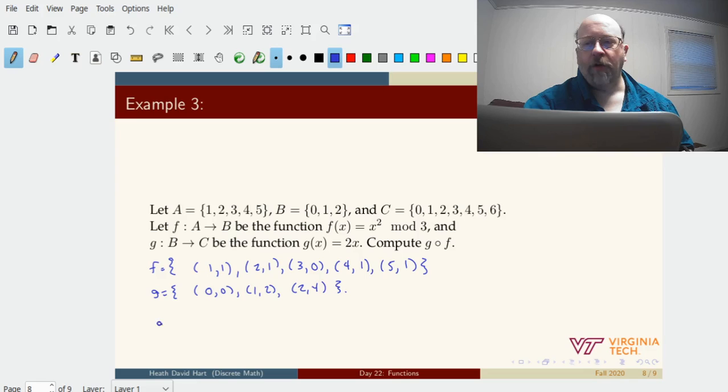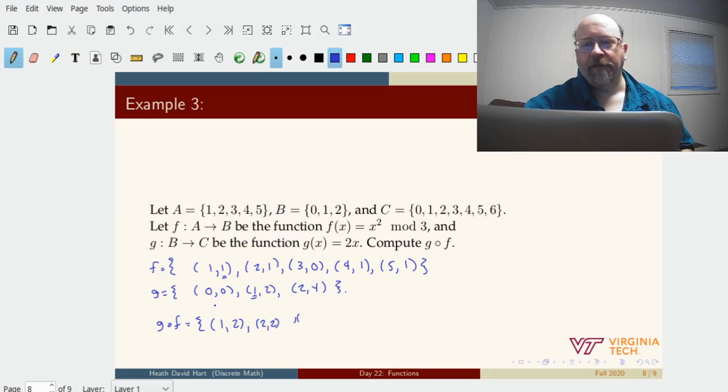And so G composed with F is the ordered pairs. We start with F, so 1 goes to 1, and then 1 goes to 2. So this 1 links the 2 ordered pairs, and we start with 1 and we end up with 2. Then 2 goes to 1, but 1 goes to 2.